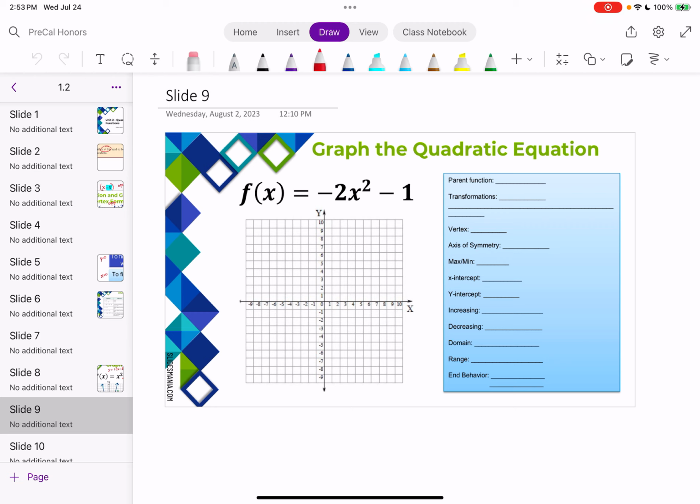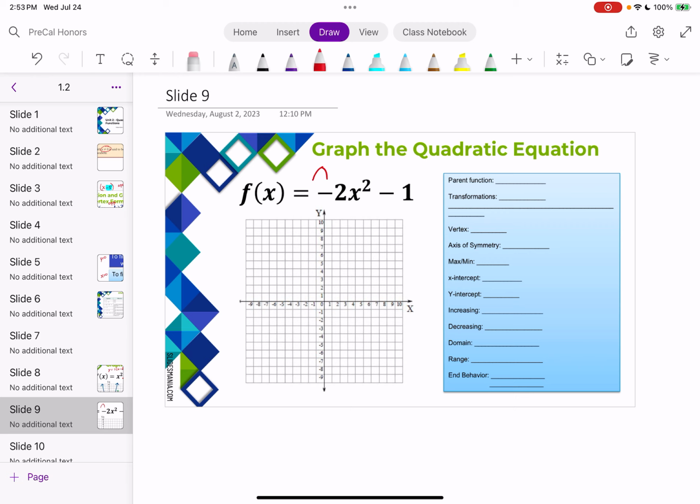Now, in this equation, we have a couple different things that it is already telling us in advance that we should know. First thing, we see a negative in front, which means this parabola is going to face downward.